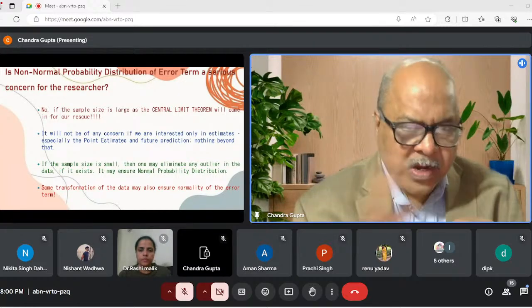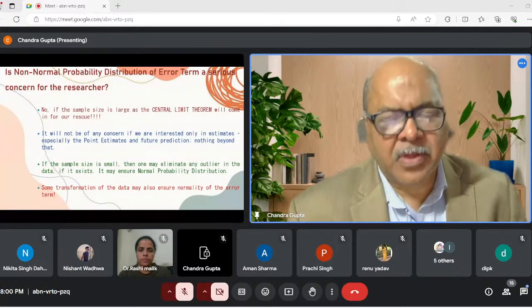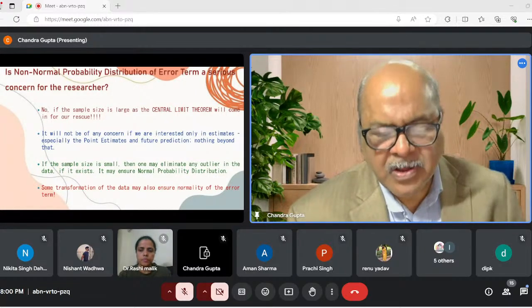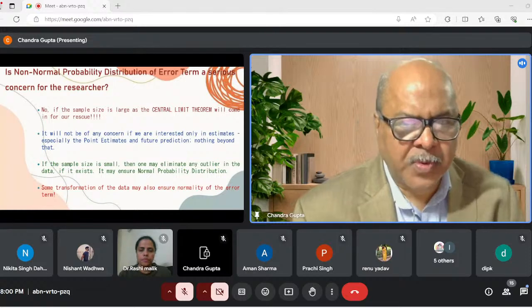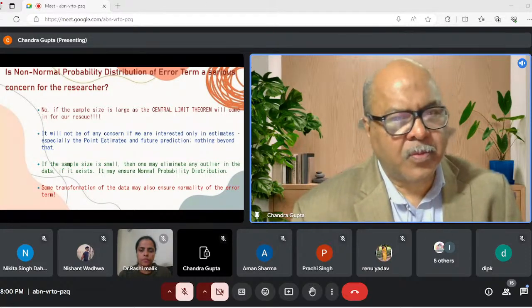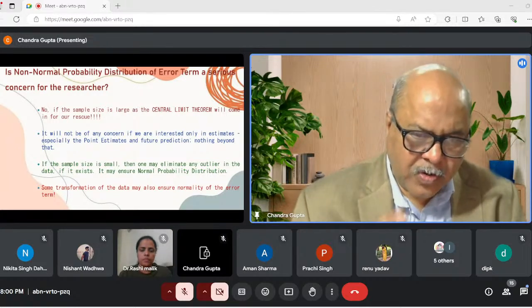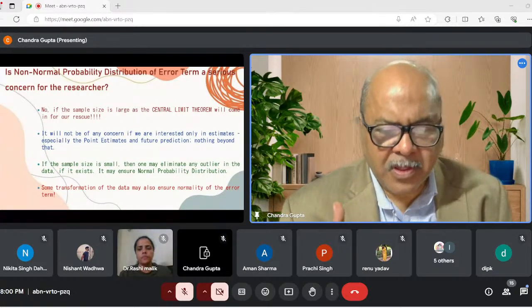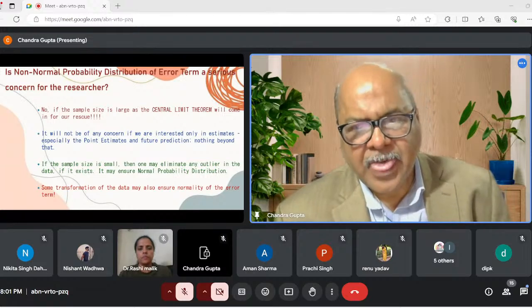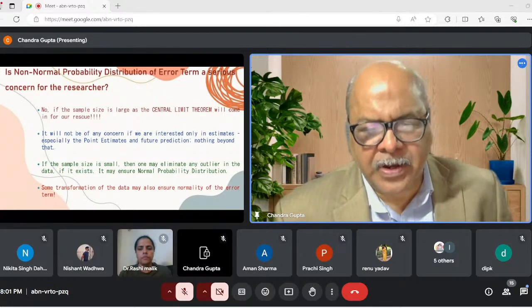If you delete those extreme values or outliers from your model, it may become a normal distribution. Or you can do some kind of a transformation, like you can take a log and the distribution may become normal. So you can make a distribution normal by doing some adjustments.